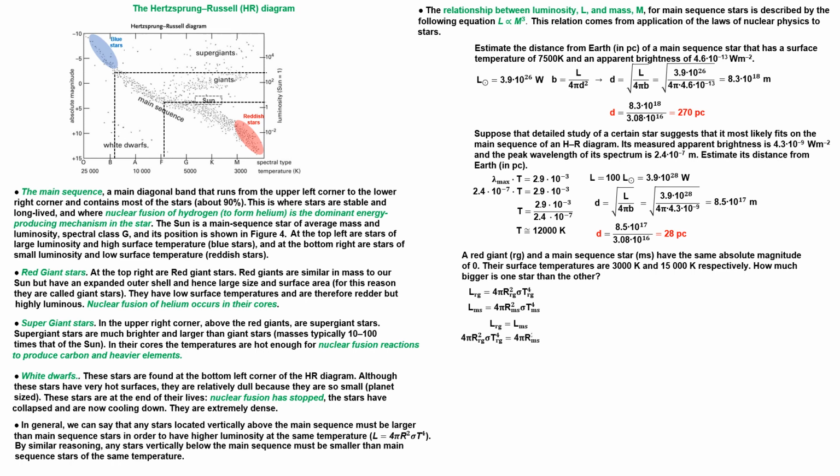After cancelling similar terms on both sides of this equation and rearranging gives the ratio. The radius of the red giant is therefore 25 times the radius of the main sequence star.